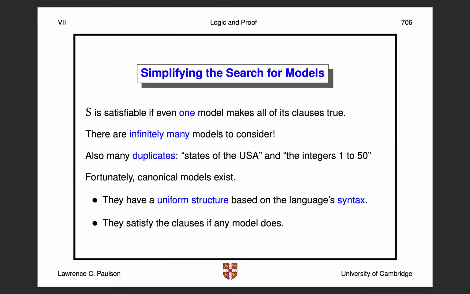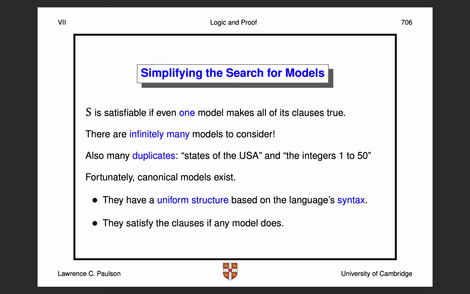Now we turn to one of the trickier aspects of the whole business. Remember, satisfiability means a model exists, and there are an awful lot of models out there, including many things that are duplicates. So if I have a model in which the domain is the states of the USA, well, there are 50 states, and honestly, there is no difference between such a model and another model in which we have the integers from 1 to 50.